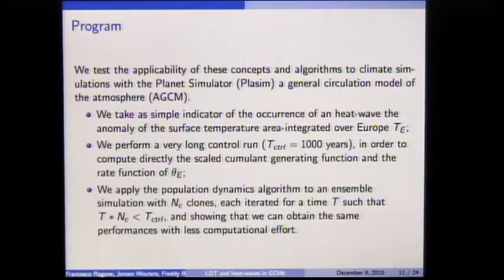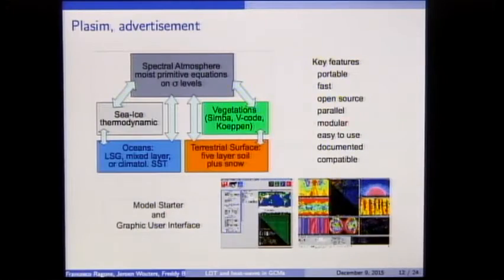Of course, I have no clue about how the rate function and the scaled cumulant generating function really are, so first I have to compute them directly. Then I check that using less data, I have the same performance in estimating this quantity. It means that the method has worked, and then I can think to use it to study the statistics of the events that lead to those large anomalies.